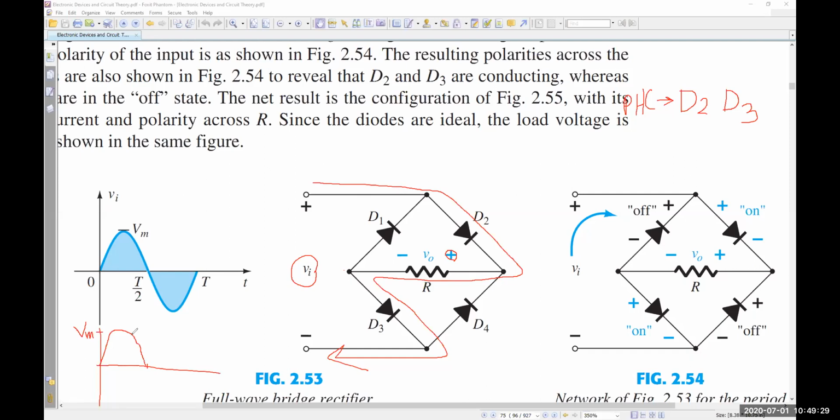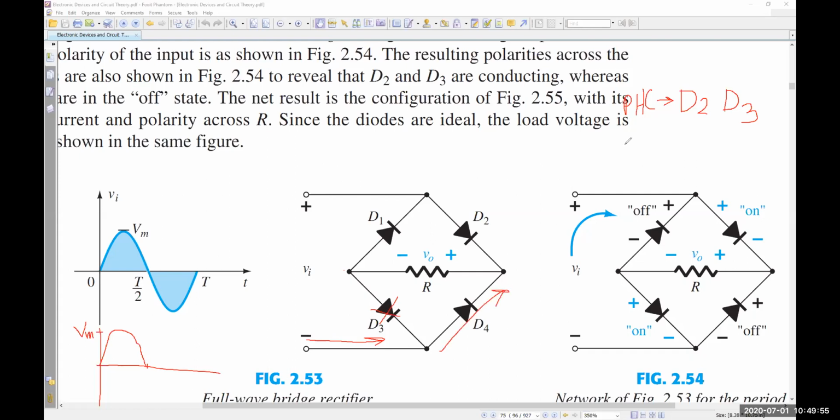Now for the second half cycle, let's consider. For the second half cycle, current will go in this way, right? After reaching this point, again it will become confused. It has two ways. One is this one, another one is this one. So it cannot go in this way because that is reverse bias. So it has to go by D4, right?